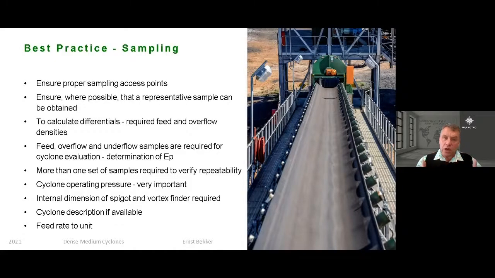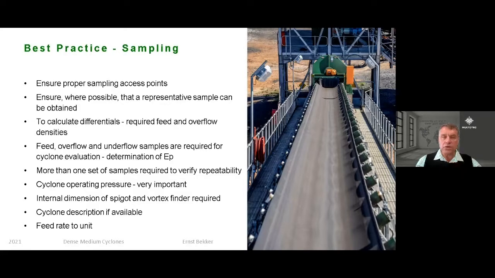But wherever you are going to sample around the dense media cyclone, ensure you've got proper sampling points, access to proper sampling points. Make sure that you can obtain a representative sample. No use taking a sample that's not representative, because you're spending time, money, and people power, and if the sample is biased, you're getting results that are of no use.